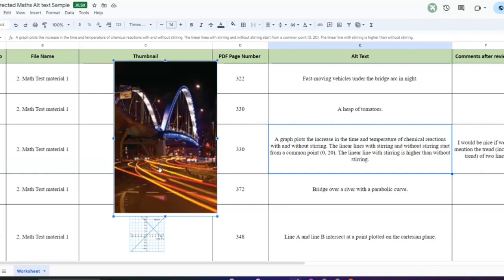When you give the alt text for any image, always remember to think like a blind person. How will you think like a blind person, because you have never faced this type of situation?